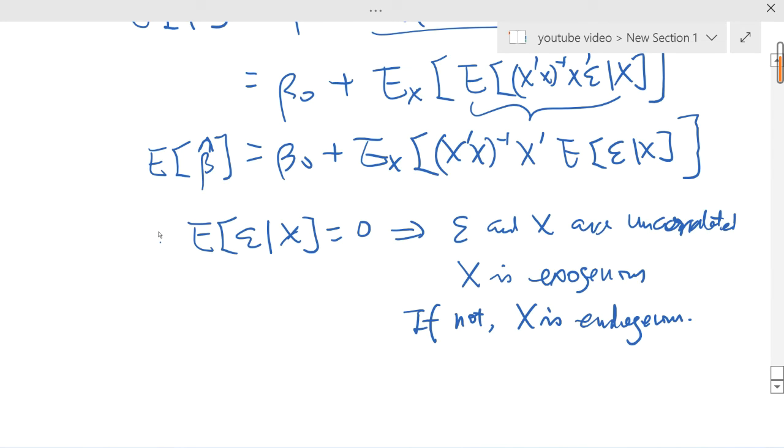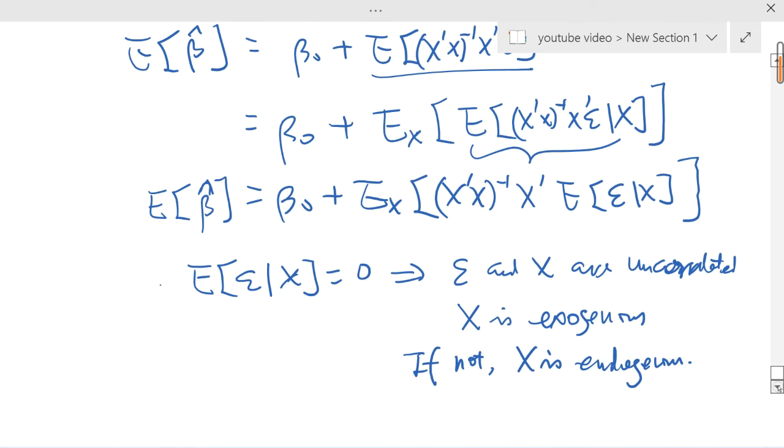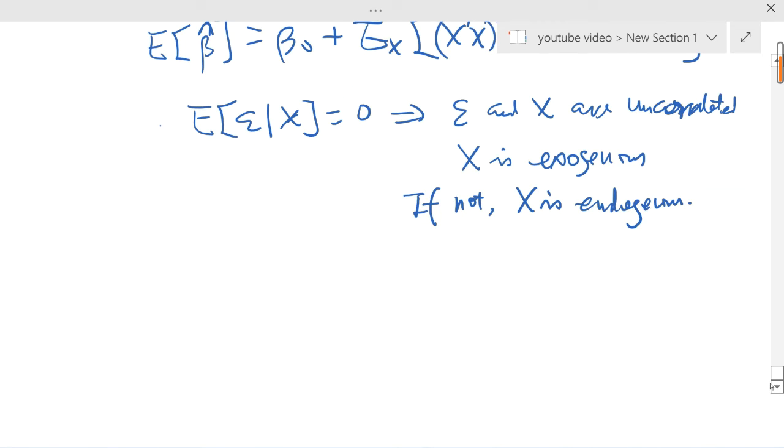So previously we recall that we have a condition where x prime x is of full rank, which means there's no multicollinearity issue. Now the second assumption we need, which is an identification assumption, says that E[epsilon | x] is 0, or epsilon and x are uncorrelated.